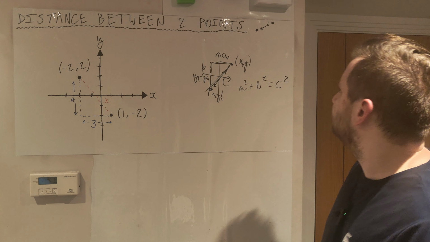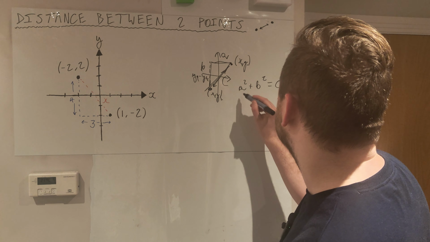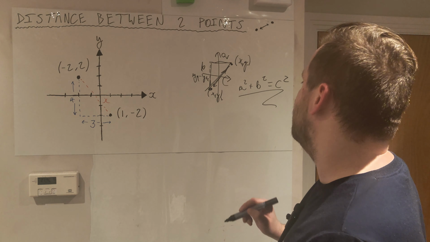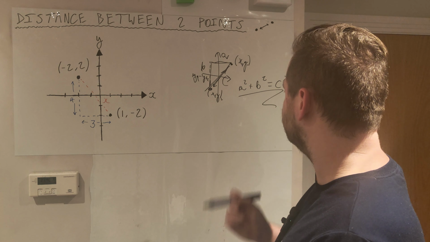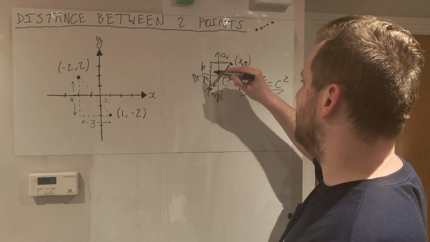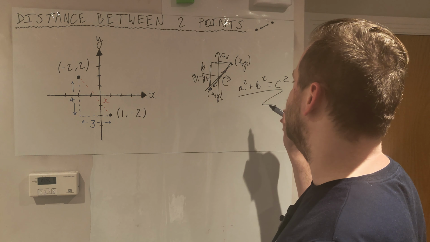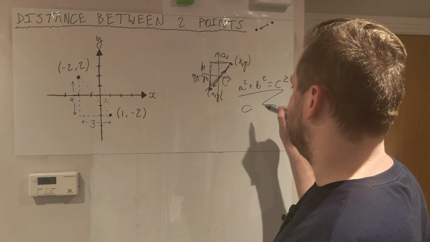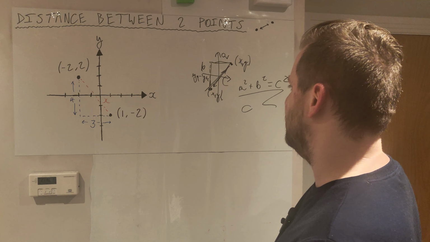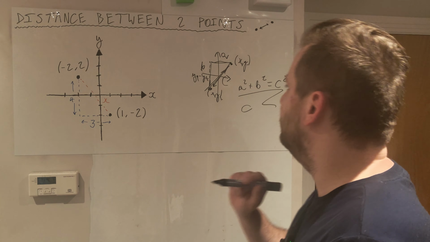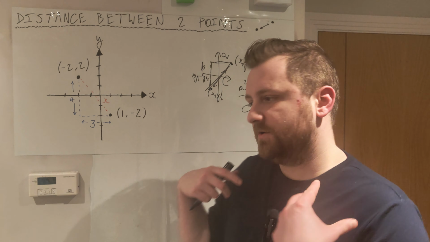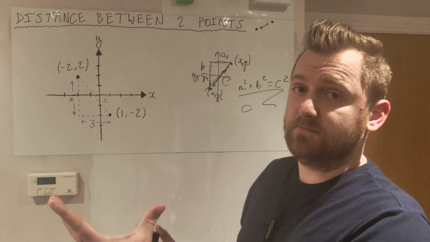So you can take this distance squared plus this distance squared, and we square root it, and we get C. That is the messiest diagram ever. But hopefully that makes some rough sense, and I will show you my beautiful diagram over here.